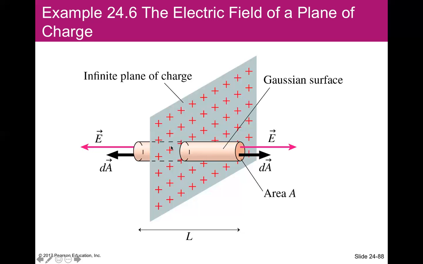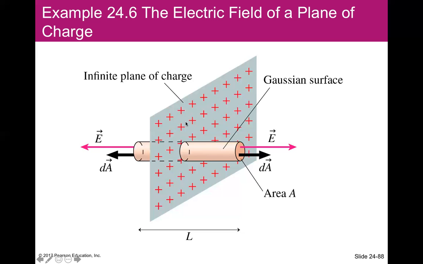Those two end surfaces, if you choose them perfectly, should be the same distance from the plane, so that it's in perfect symmetry. On the left side, you have E going to the left. On the right side, you have E going to the right.